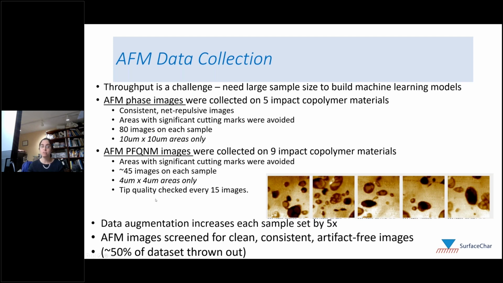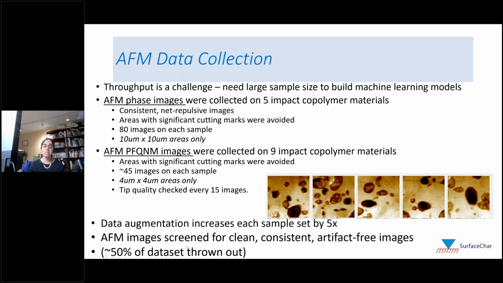And then, as Bede had alluded to, we also checked the tip quality every 15 images, which of course just adds to the throughput. But with the automation, it became very reasonable to do that. We did resort to some data augmentation tricks to at least increase each sample set by a factor of 5.